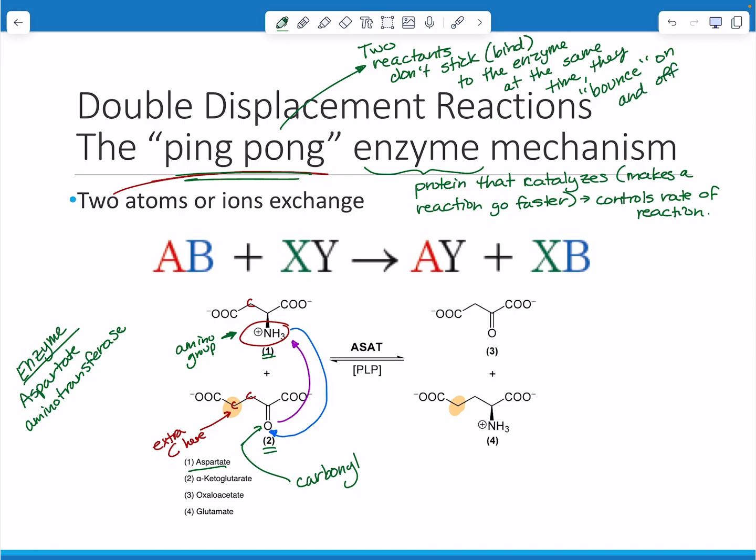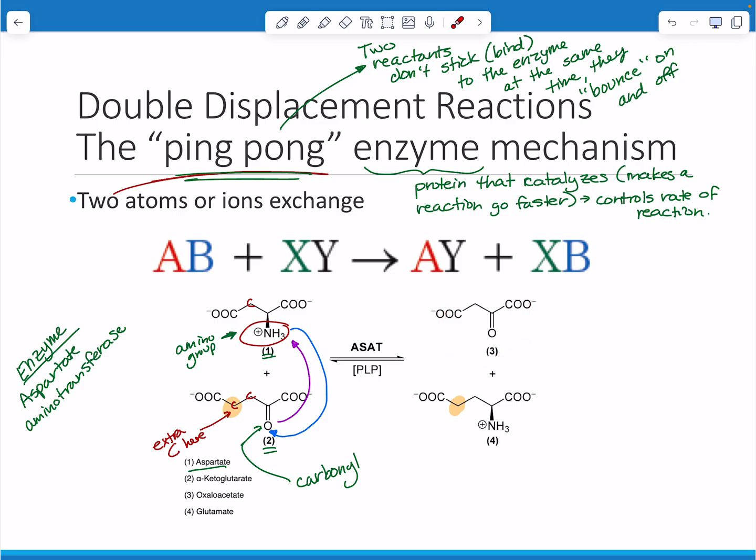The way this works in this particular reaction mechanism is that molecule 1 here, the aspartate, is going to bind to the enzyme first, and this group does not get transferred to the other reactant right away. It actually gets transferred to the enzyme. The enzyme holds on to that group, and the first product pops off of the enzyme.